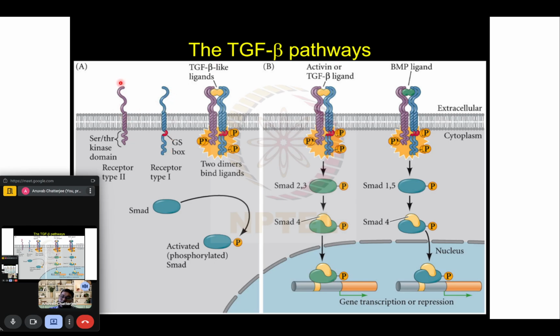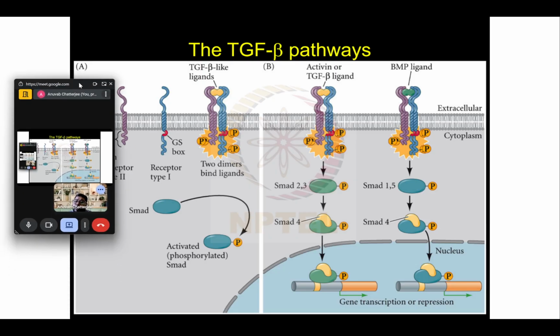So now there are two receptor type 2s and two receptor type 1s, so we have a huge complex which is the tetrameric receptor complex, which only tetramerizes in the presence of a ligand binding together. So this is what happens.